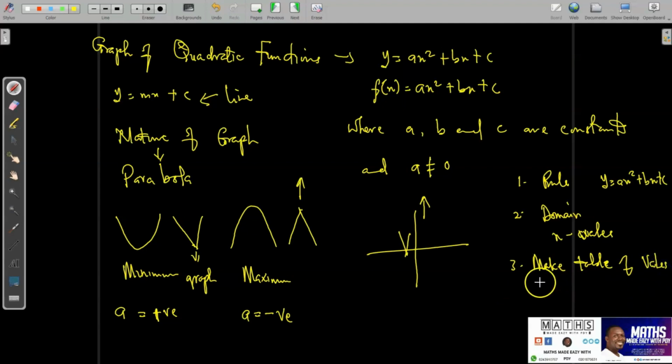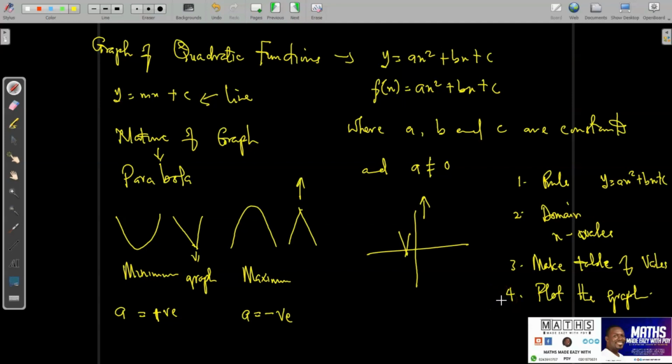After making the table of values, which I've shown you how to do in our previous lesson, the final one is number four, plot the graph. When you finish, you begin by plotting the points, then you join the points with a freehand curve. So please take note of these four major steps to consider when drawing the graph of quadratic functions.